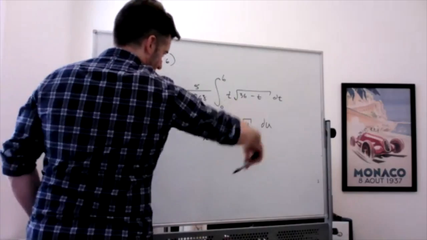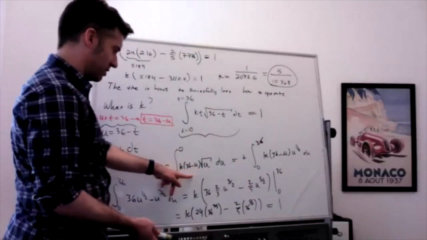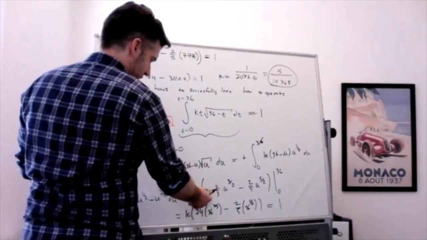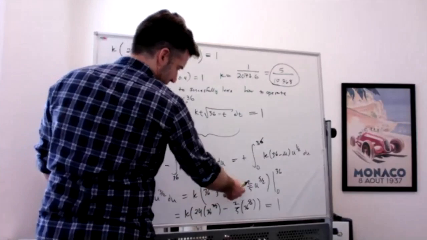Now we know the integral of this, right? The integral of 36 u to the 1/2 minus u to the 3/2 is just going to be 36 times 2/3 u to the 3/2 minus 2/5 u to the 5/2.